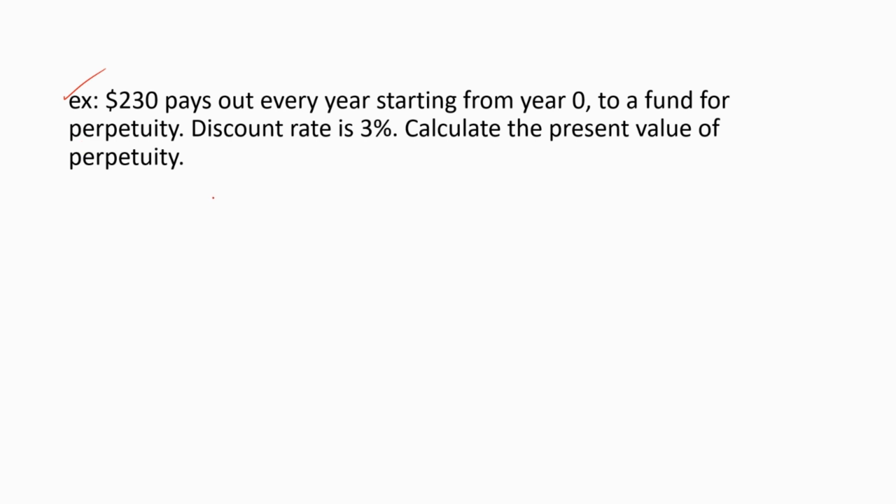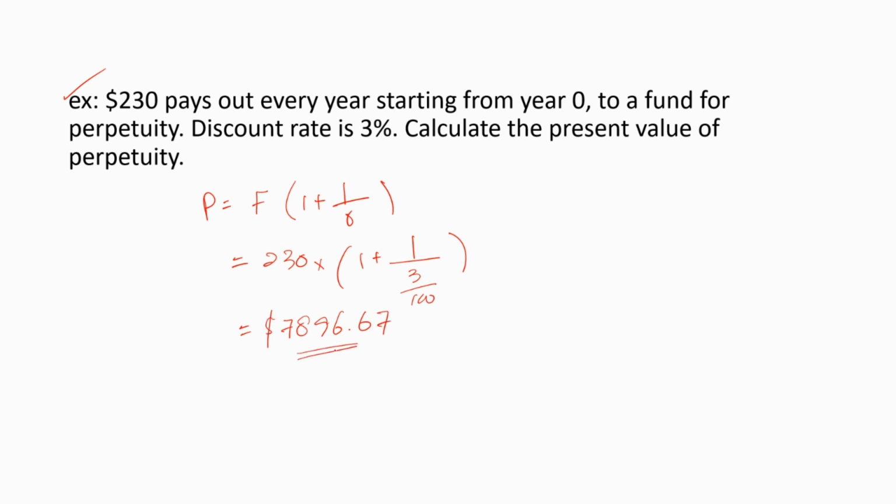So the formula to calculate the advanced perpetuity is present value equals cash flow times 1 plus 1 over R. So this equals $230 times 1 plus 1 over R. R is 3 over 100. So this equals 7896.67. This is the advanced perpetuity amount.